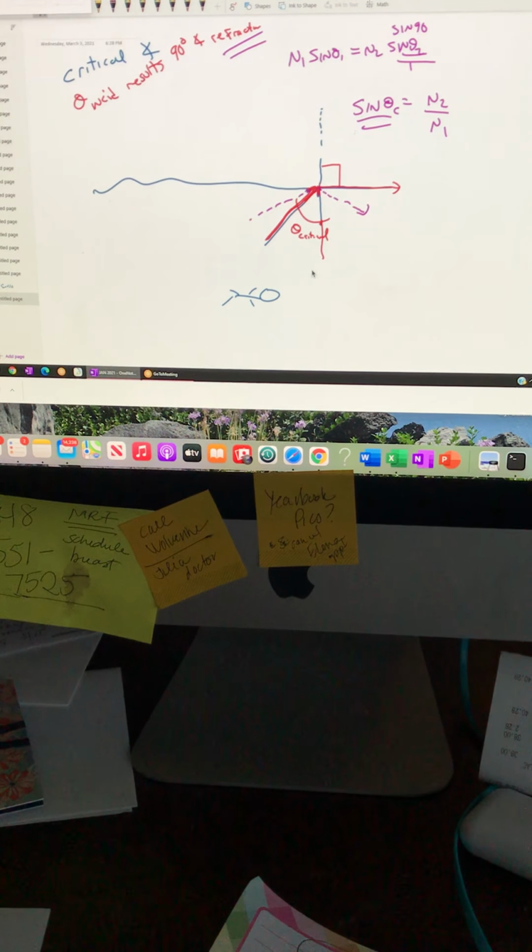When no light escapes, we call it total internal reflection. So long story short, the critical angle is the angle of incidence that results in a 90-degree angle of refraction, or the angle of incidence that gives you the first total internal reflection.